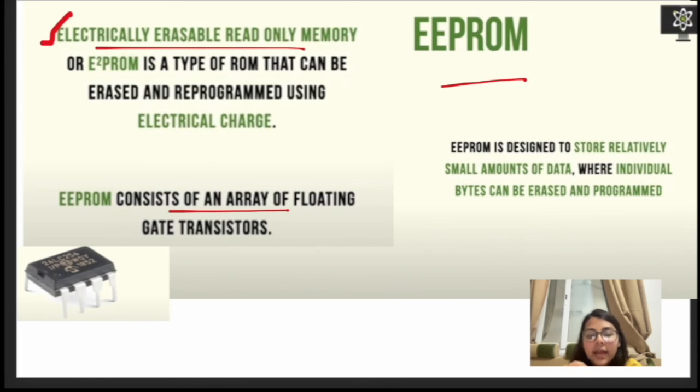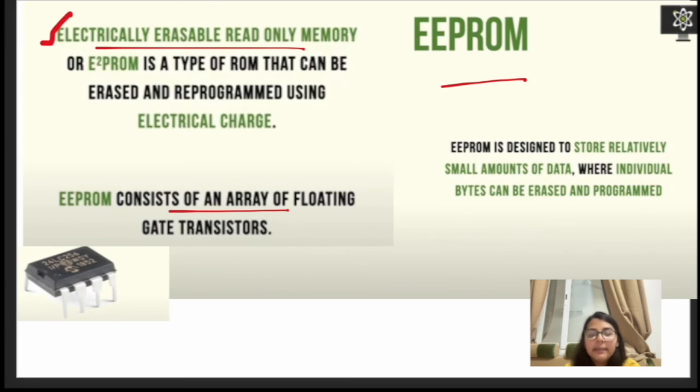So with the help of EEPROM we can easily erase our data, and it is using electronic erasing technology. Here in EEPROM, instead of using ultraviolet, we are using a common way, that is circuitry, or we can say electronic charge.